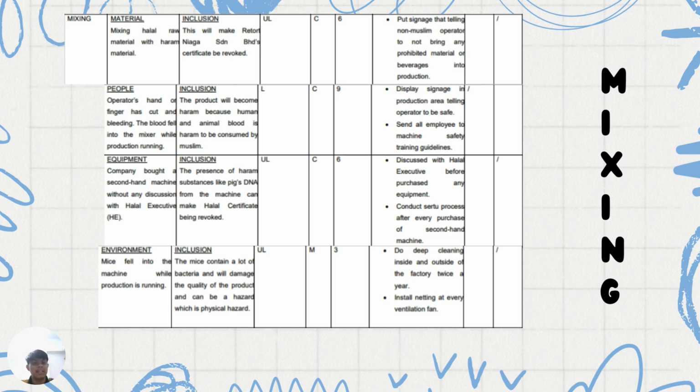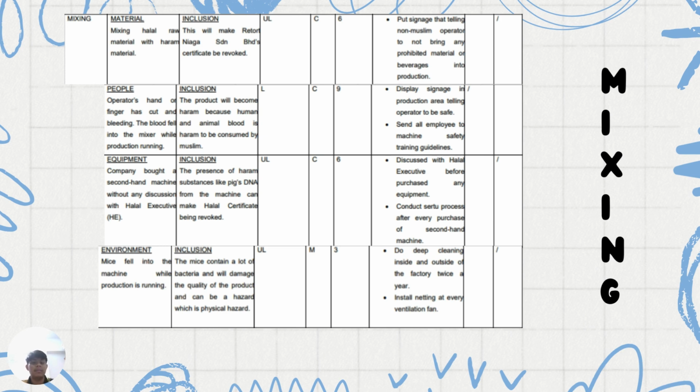But the severity is critical, because if there is any pig's DNA or any haram substances in the machine, our products will automatically become haram. The risk ranking is 6.